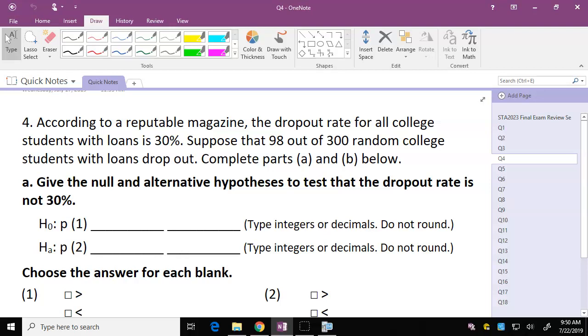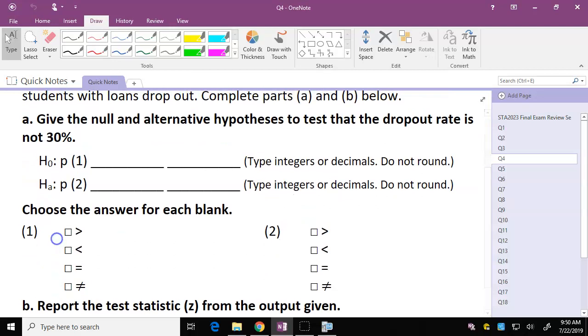Suppose that 98 out of 300 random college students with loans drop out. Complete parts A and B. All right, so part A says give the null and the alternative hypothesis. We'll get to the StatCrunch, it'll help us out. But we've got to get our null hypothesis. What is our null hypothesis going to be?